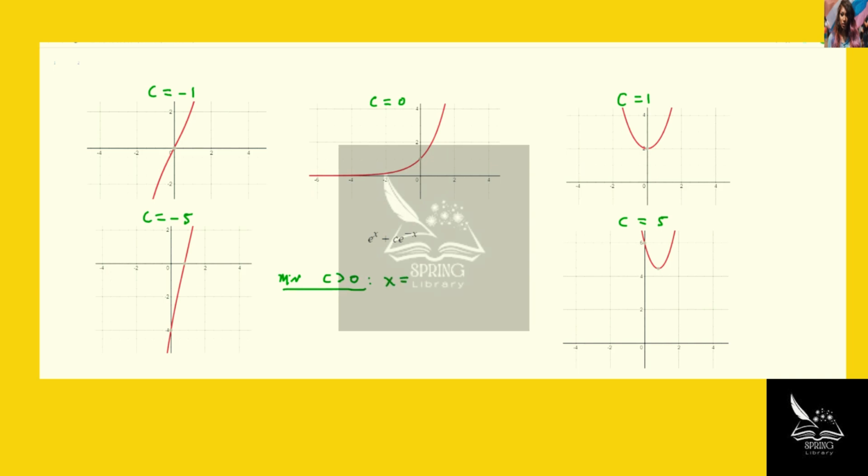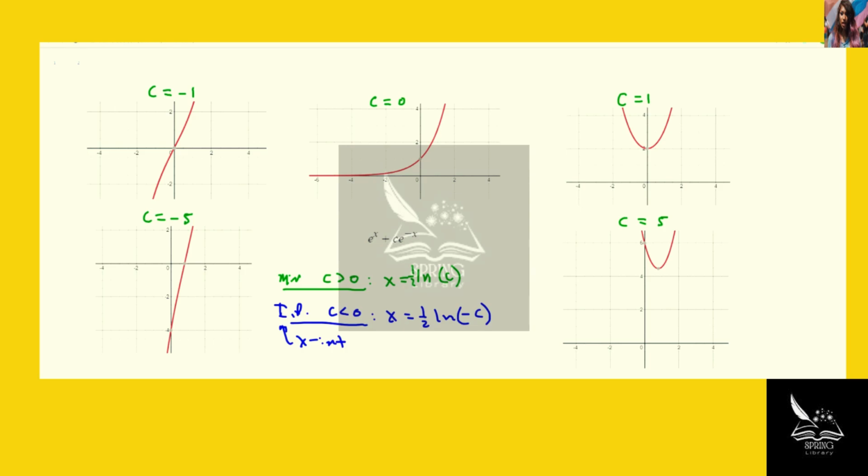Remember that was at x equal to 1/2 natural log of c. And we know our point of inflection was only when c was strictly less than 0, and that was x equal to 1/2 natural log of negative c. And remember, this was also the same as our x-intercept.